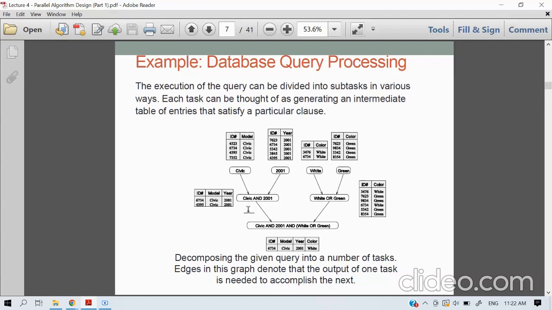Okay. So next, at the next level, they must find the car model must be Civic and year 2001. So when it runs the code, we get only 2 cars, 6734 and 4395.